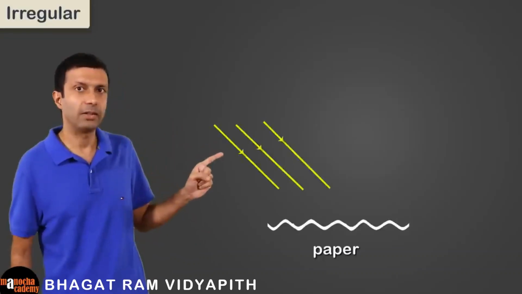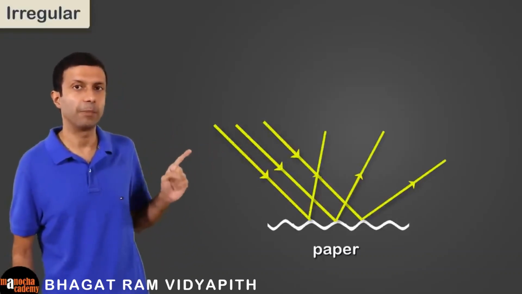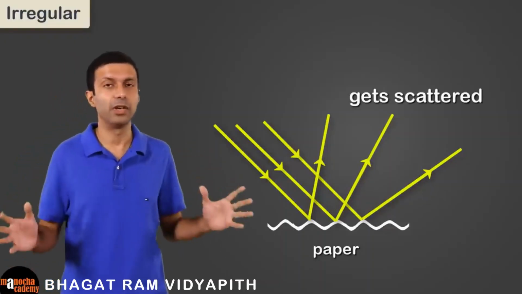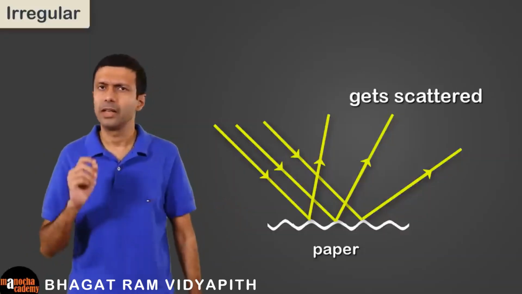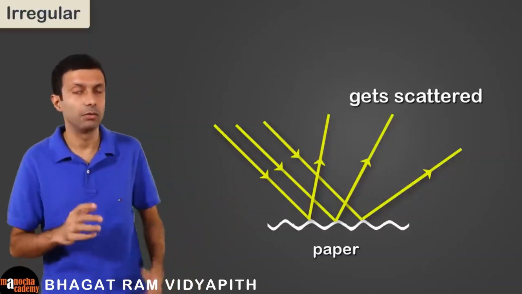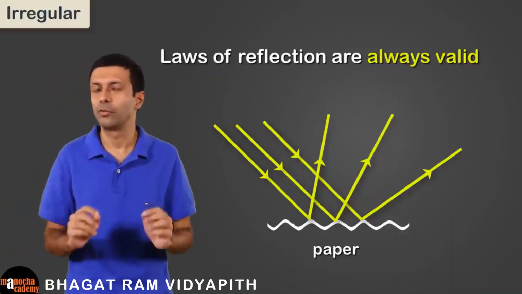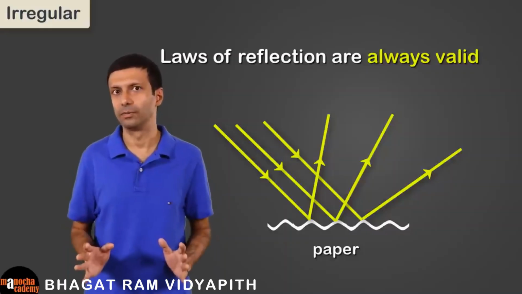Now let's look at the case of irregular reflection. When a parallel beam of light falls on a surface like a paper, as you can see, it gets scattered in different directions. Is this because the laws of reflection don't hold here? No, the laws of reflection always hold.